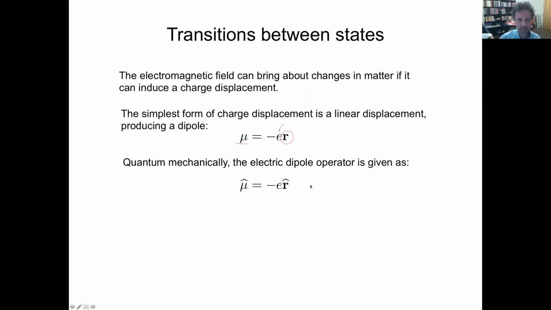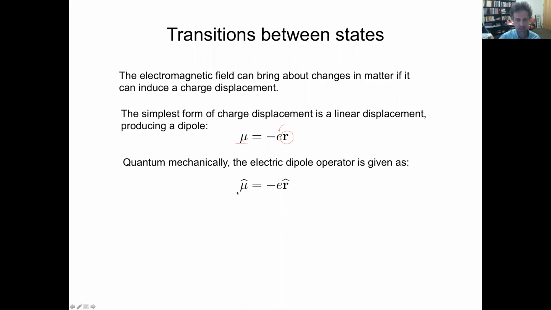Now, quantum mechanically, the dipole that I'm inducing in my proton, or sorry, in my atom, in my hydrogen atom in this case, is written in exactly the same way, but now I have little hats here because these are operators, right? They're not just quantities, they are actually operators.